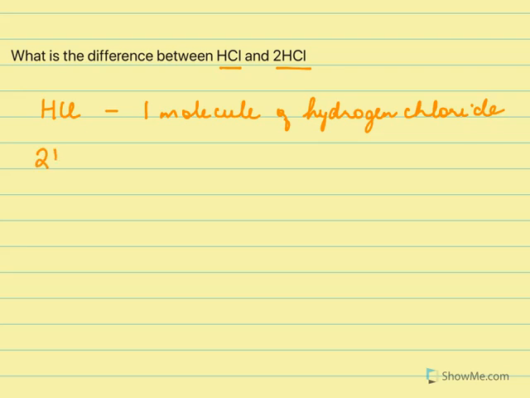And 2HCl means 2 molecules. A molecule is a group of atoms of hydrogen chloride.